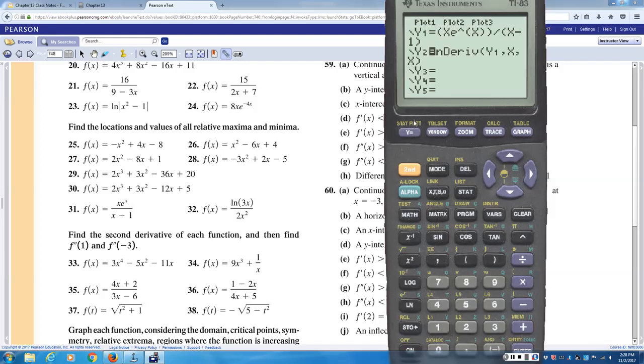Yeah, that is the graph, the derivative. So apparently the derivative does have a zero because it looks like it has one right there.